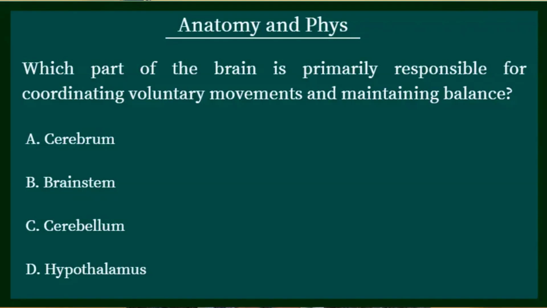So it can't be A, and it can't be B, and it can't be D. It's got to be C, cerebellum, which is all about processing sensory systems and fine-tuning that motor activity. So it's taking information from the cerebrum and fine-tuning it.